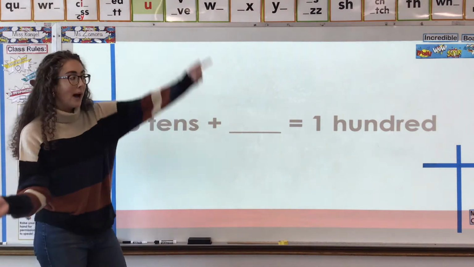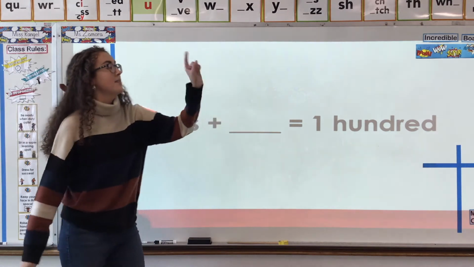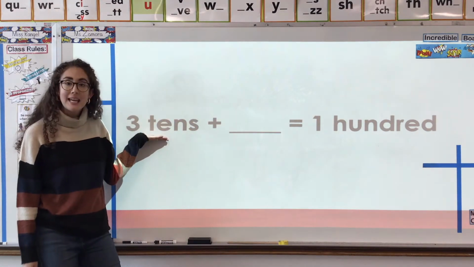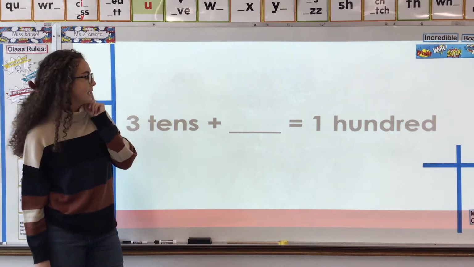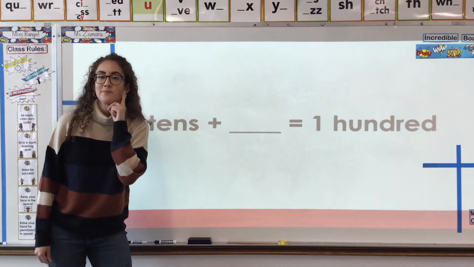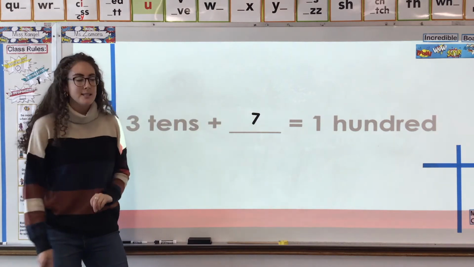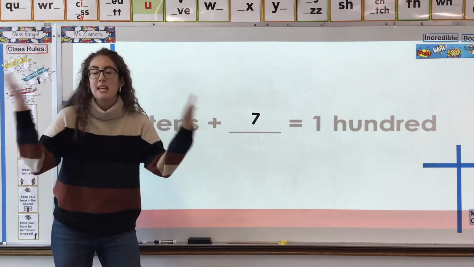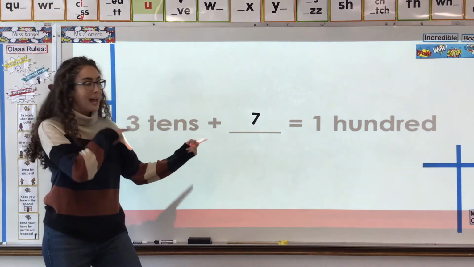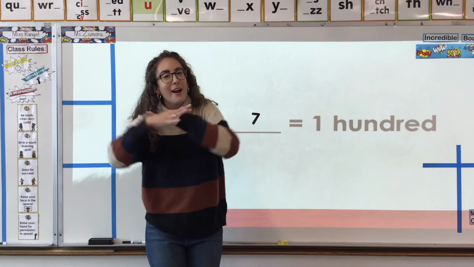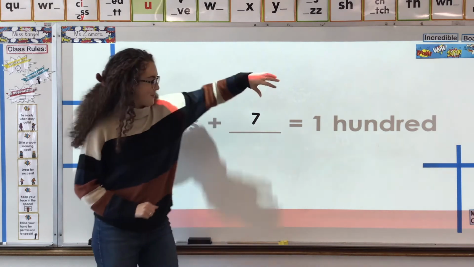If I know I need 10 tens to equal 100, but I already have 3, how many more tens do I need? I need 7 more tens. 3 plus 7 equals 10, and 10 tens equals 100. We get to weave all our awesome math knowledge together.